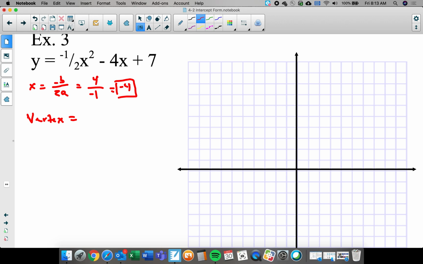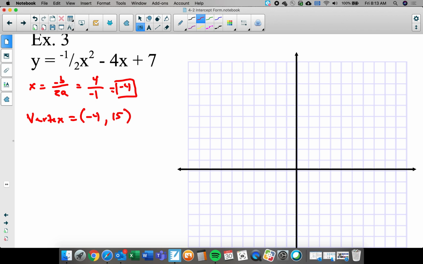So my vertex is at -4, comma, and now I need to plug that back in to find the corresponding y value. So -1/2 times -4 squared minus 4 times -4 plus 7 gives me a y-coordinate of 15.